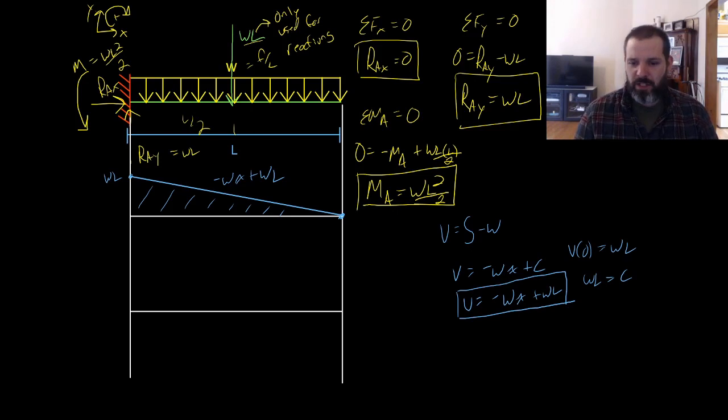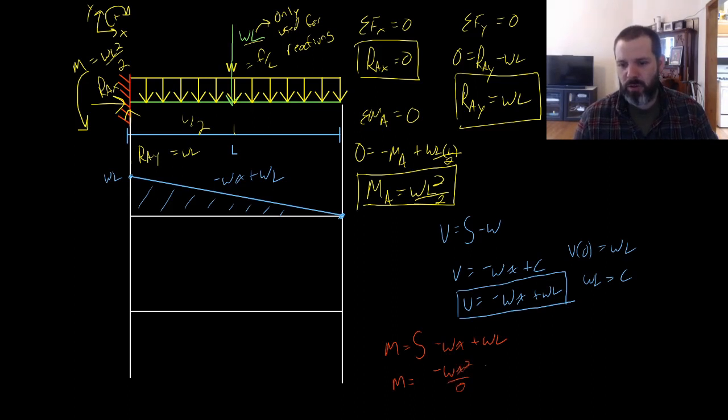So moment is the integral of shear, which is minus Wx plus WL. If we integrate it, we find that the moment is equal to minus Wx squared over 2 plus WLx plus C. We know the moment at 0 equals minus WL squared over 2.